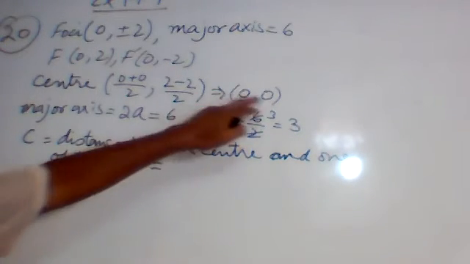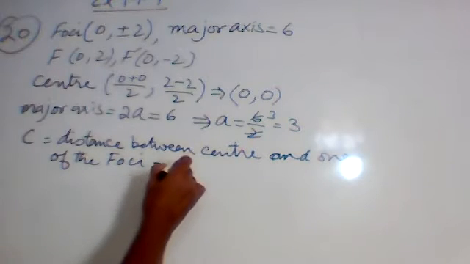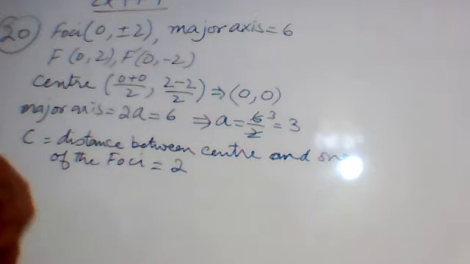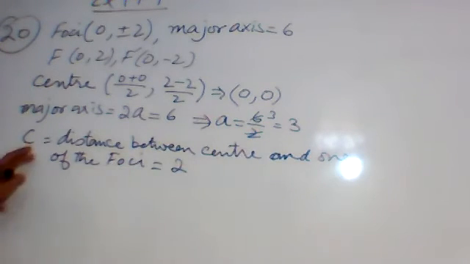So from 0, 0 to 0, 2, c will become 2. A is found 3, c found 2.